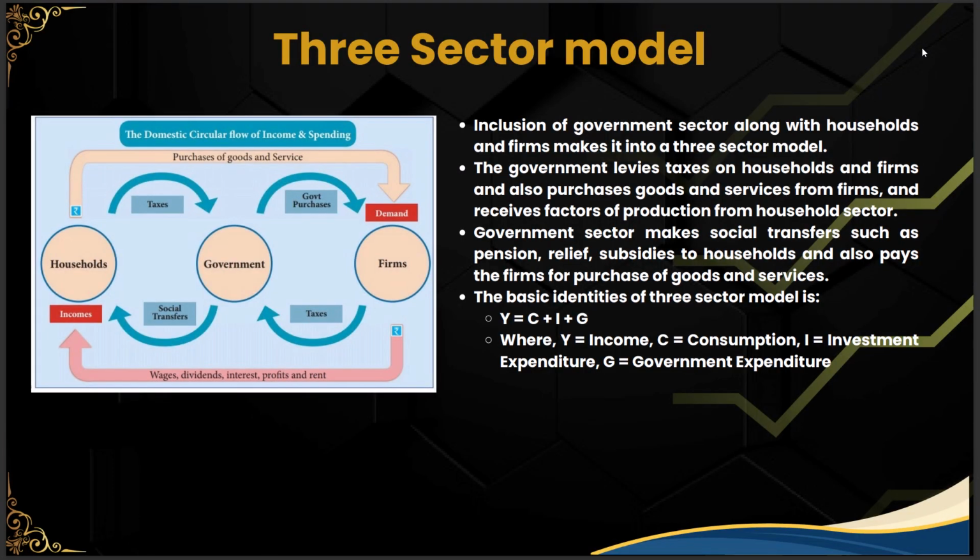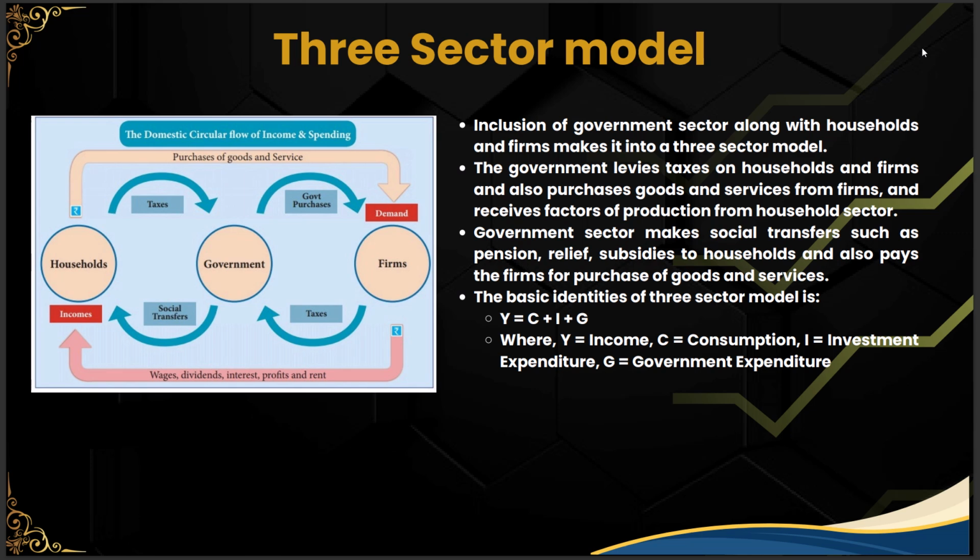Coming on to the next, the three-sector model. Here the government sector is included along with households and firms. The government levies taxes on households and firms, purchases goods and services from firms, and receives factors of production from the household sector.